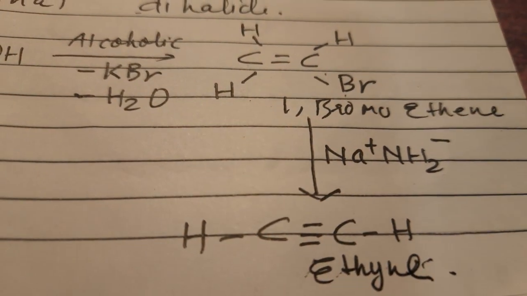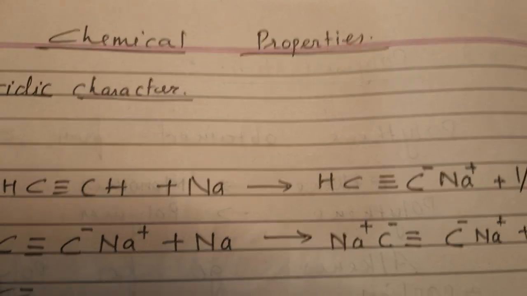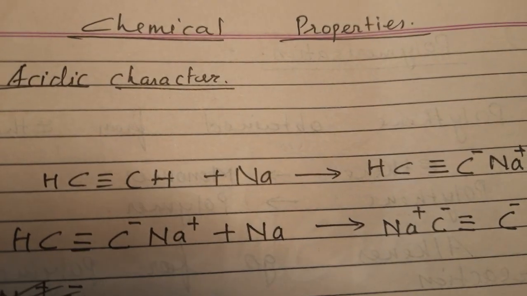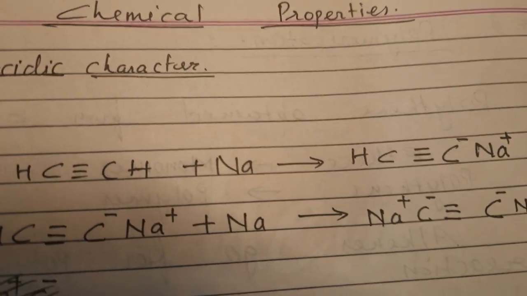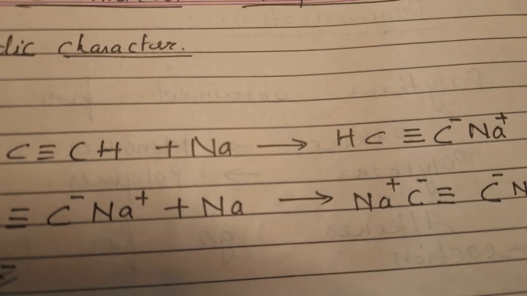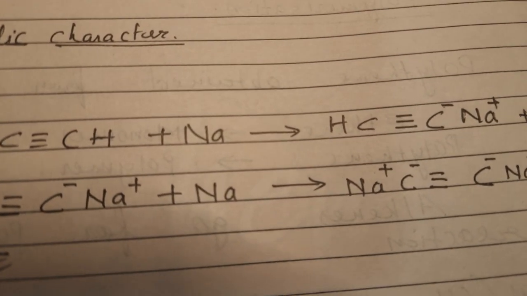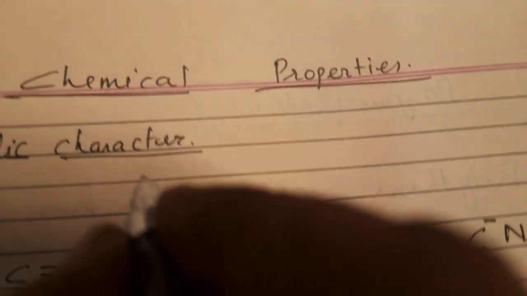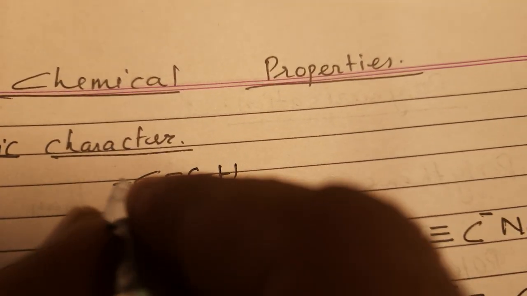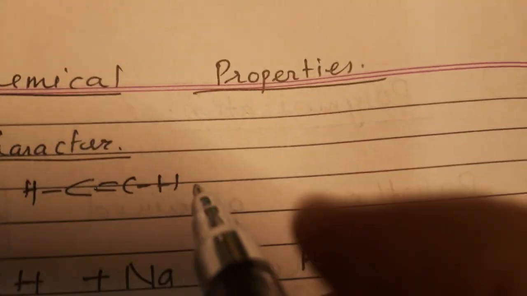Right, children? Now in chemical properties, first we will talk about the acidic nature of ethyne. Ethyne is more acidic than ethene and ethane. Note this: ethyne, that is C2H2, is more acidic because of the presence of 50% s character.